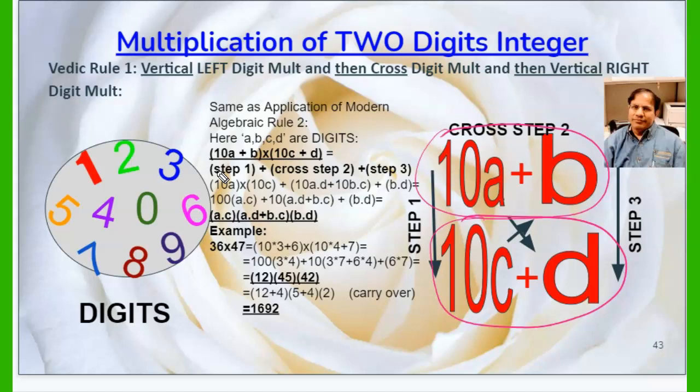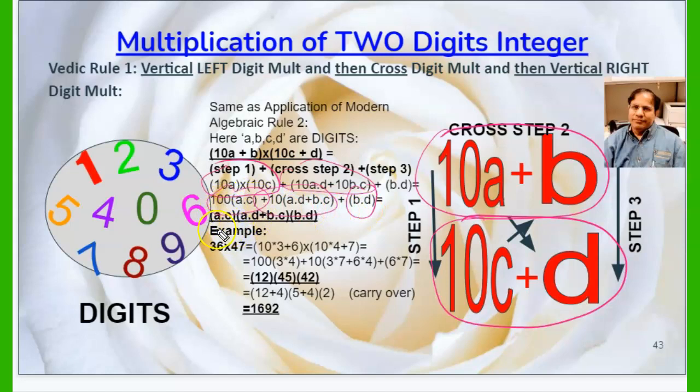You can see that 10A times 10C is 100AC, the cross multiply 10A times D plus 10B times C is actually written as 10 times (A times D plus B times C). And then the third step, B times D, of course, we can write simply because of its position.